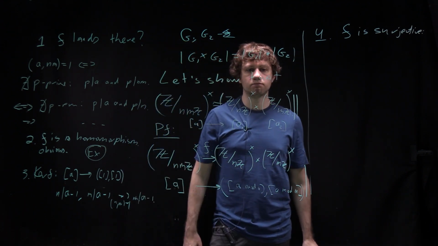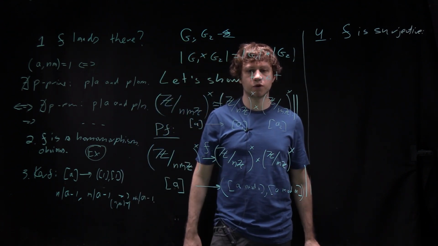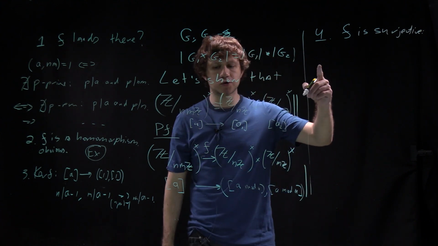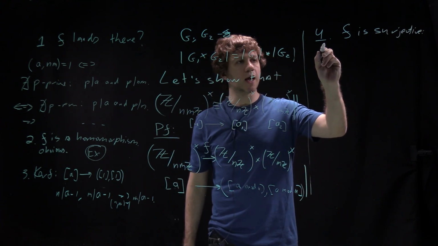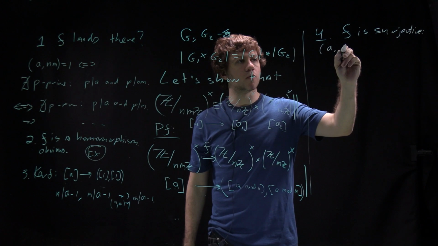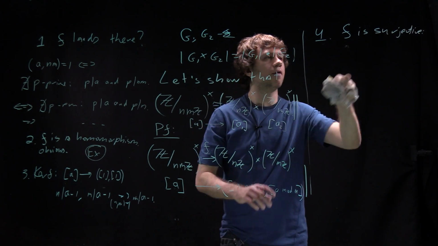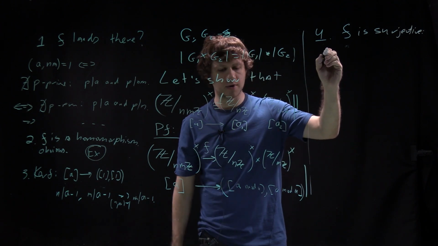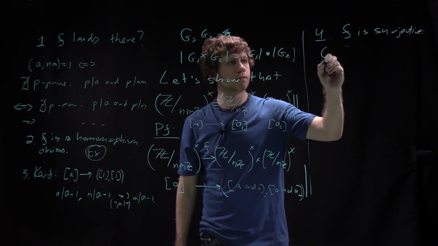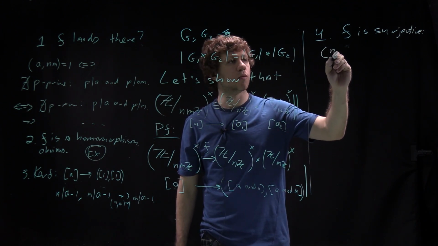So let me now formulate what we need to show. So we have two numbers, n and m, which are coprime.